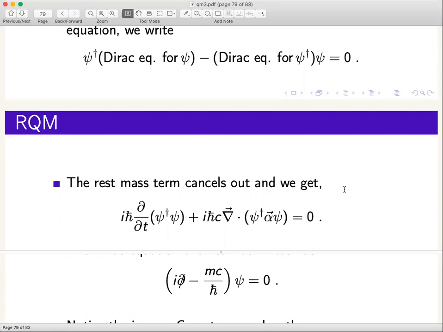Now, it just so happens that the vector a mu also has 4 components, but those 4 components transform like a vector, whereas psi is a 4 component spinor and doesn't transform like a vector. So what you need to ask is, what is a matrix that would rotate components of this 4 component spinor? That matrix can be written in terms of gamma matrices.